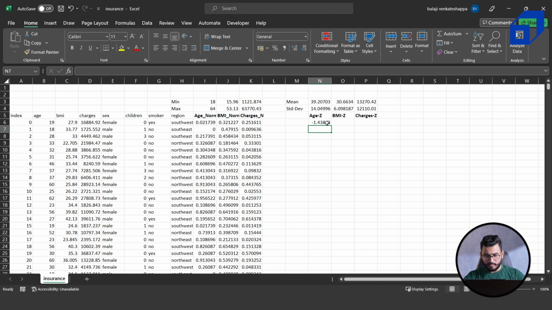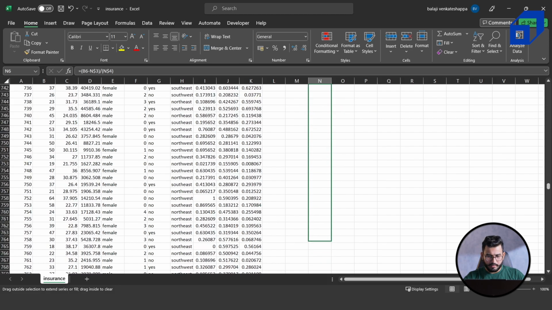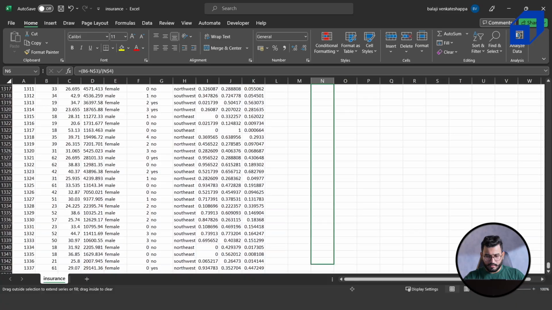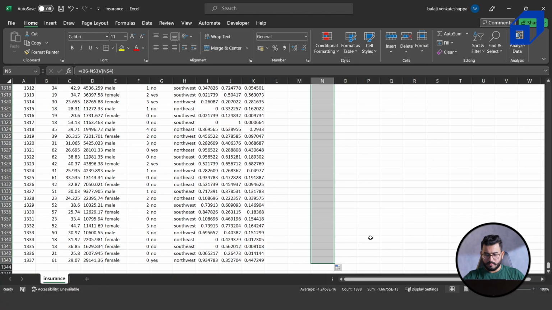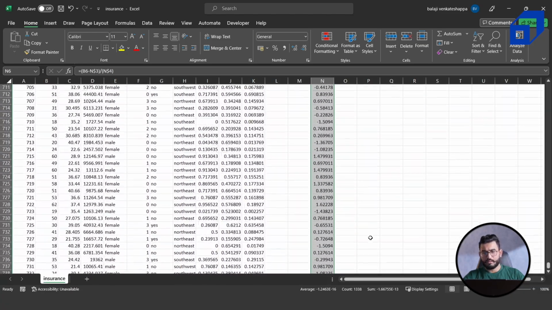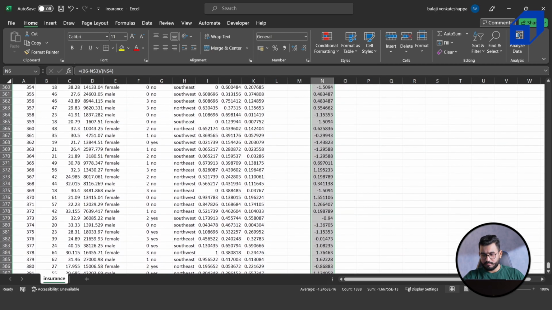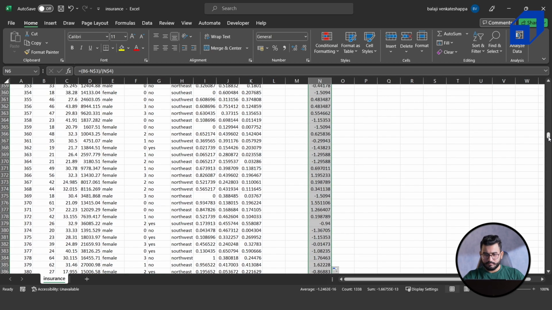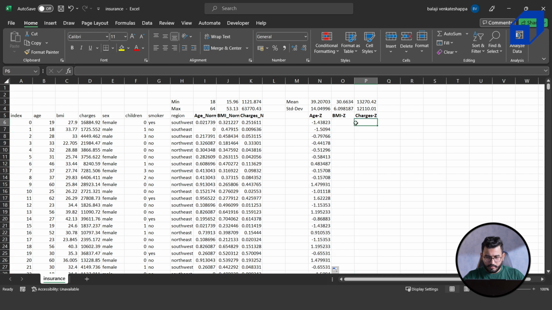Now let's extend it to all the rows. I don't know why it's not happening. Let me try it one more time. Okay, I don't know why it's not happening, so I have to do it manually. And then I will extend this formula to the next column also. So let's do it like this.